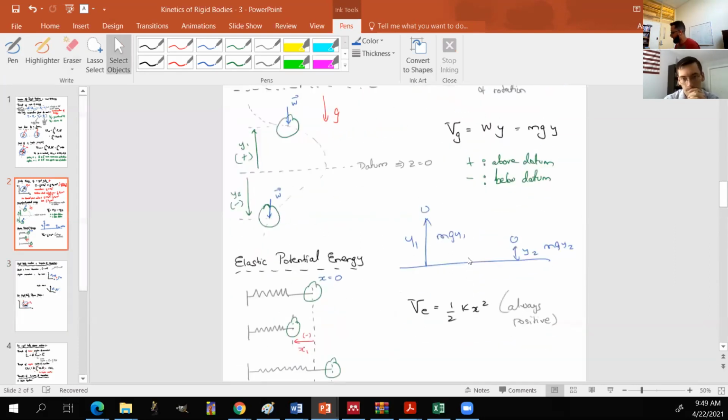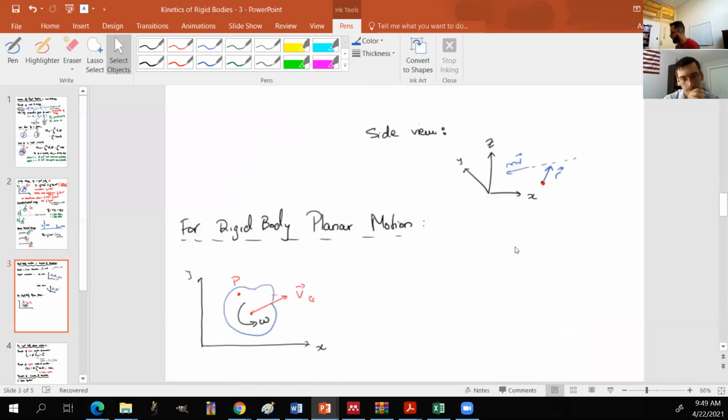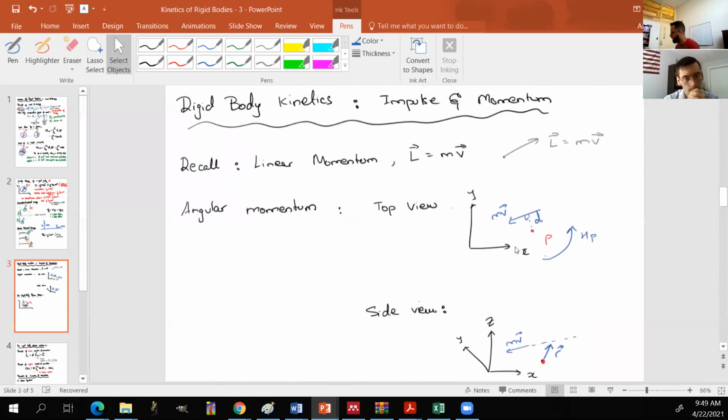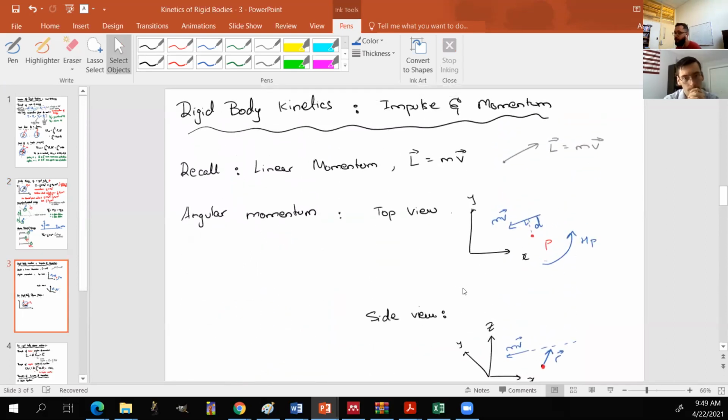And finally, we move on to impulse and momentum. To recall the things that we looked at when we looked at particle motion, linear momentum is a vector quantity. If a body is moving, it's just equal to mass times the velocity as a vector quantity. That is your linear momentum.